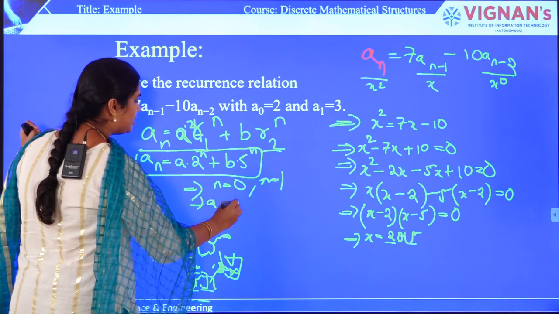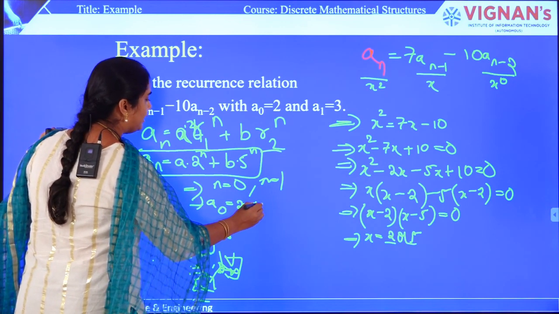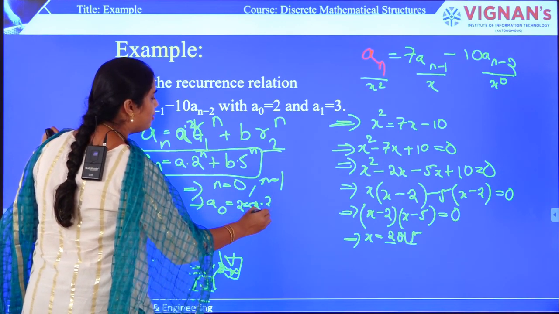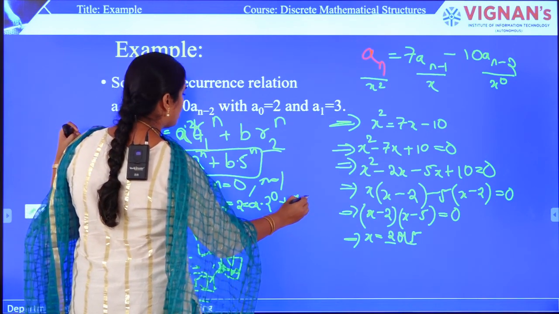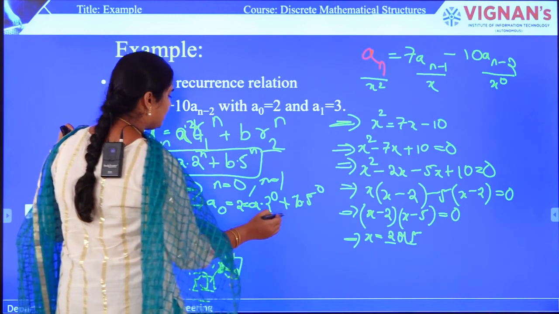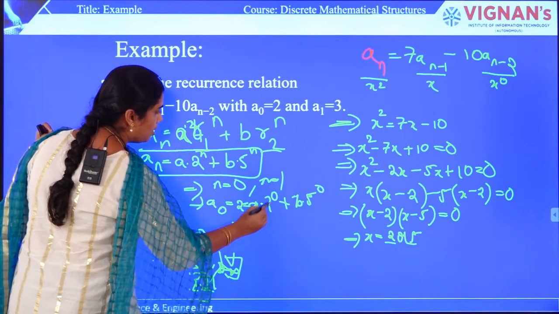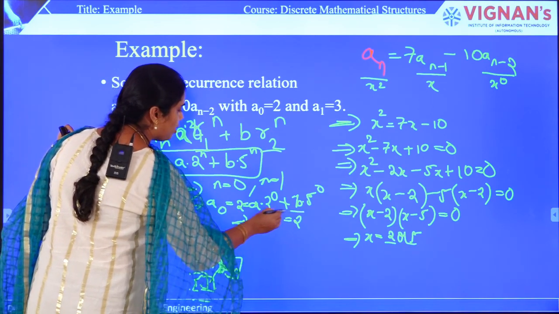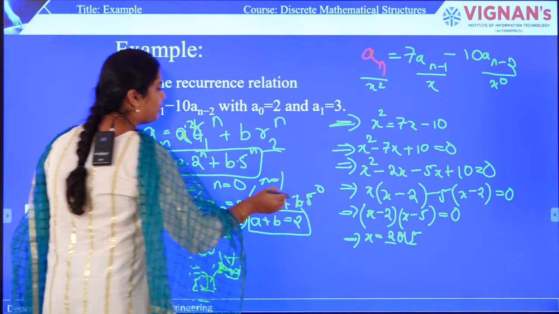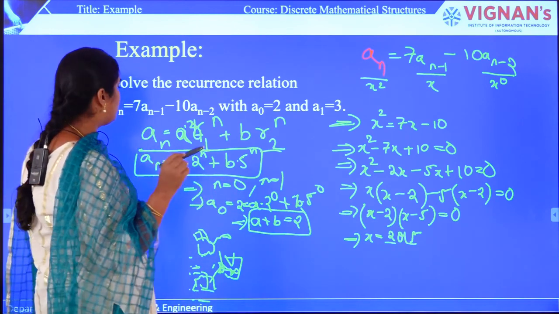So, 2 = a·2^0 + b·5^0. So, it will transform to a + b = 2 because 2^0 and 5^0 will be equal to 1 only. So, we have got an equation a + b = 2.